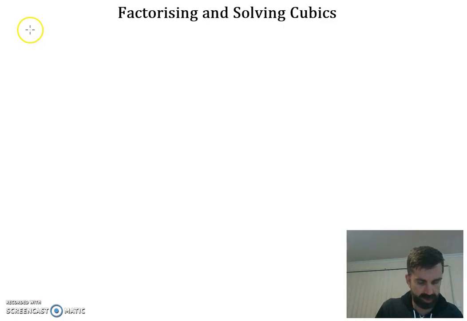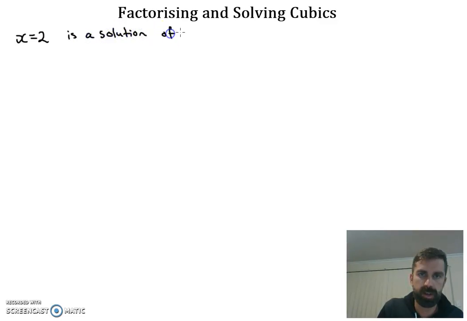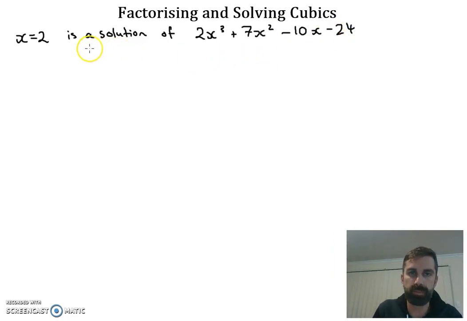So in my last example, I'm going to say that x equals 2 is a solution of 2x cubed plus 7x squared take 10x take 24.